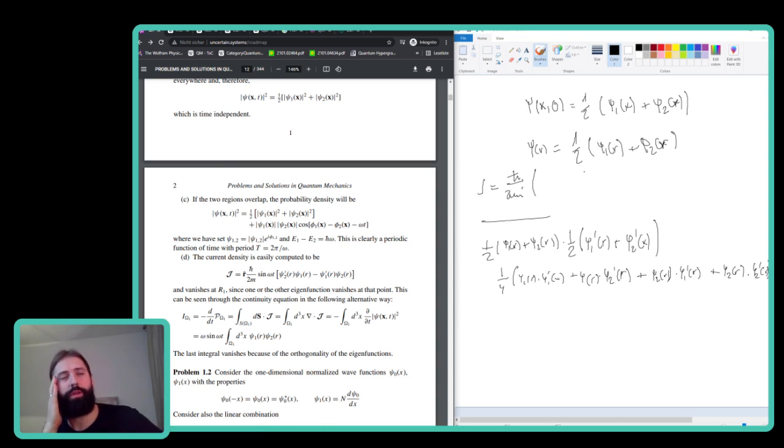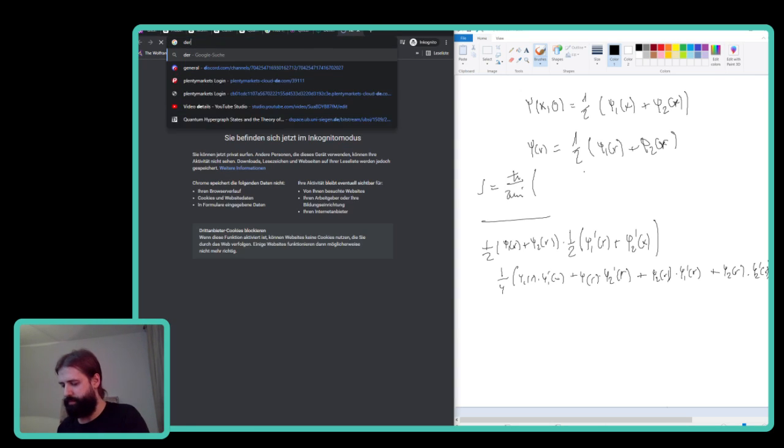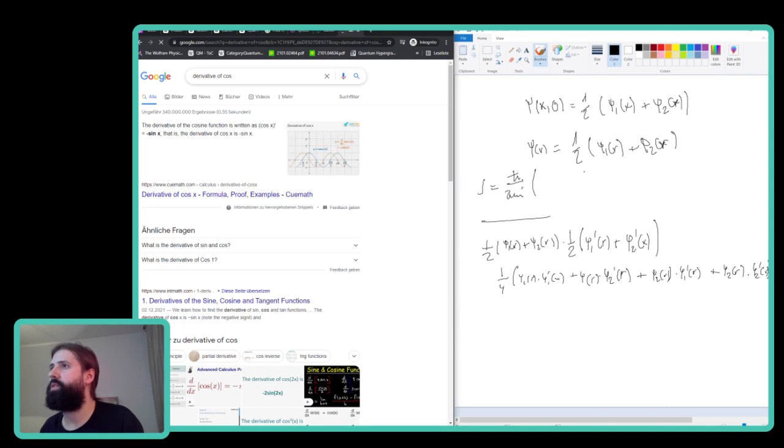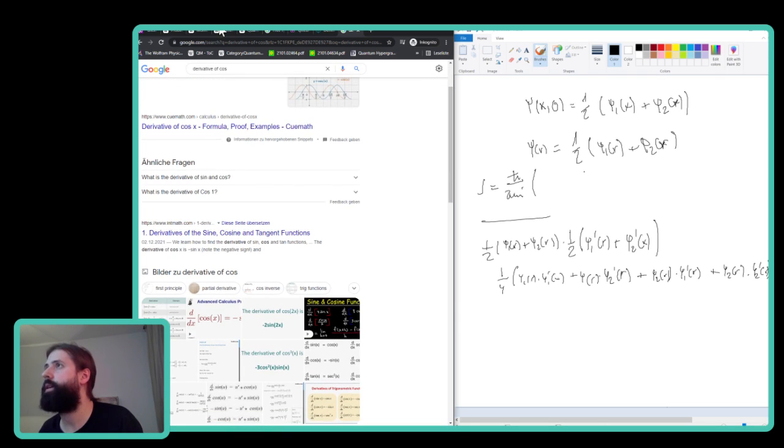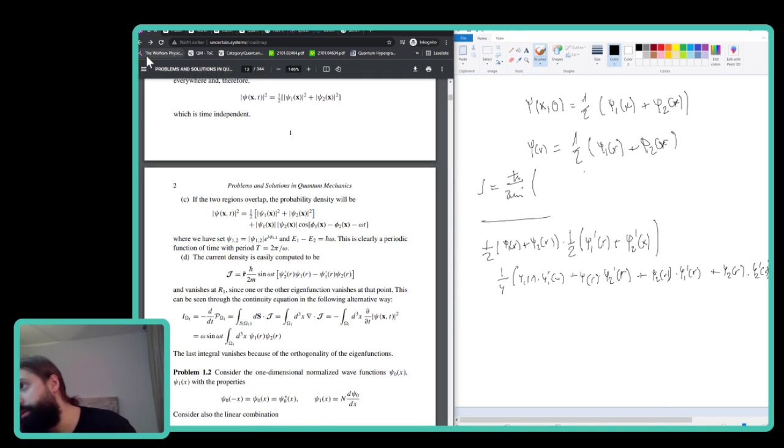It's the only thing I can come up with that explains these. Because the derivative of cosine is minus sine of x. Man, but that's the only thing I can come up with.